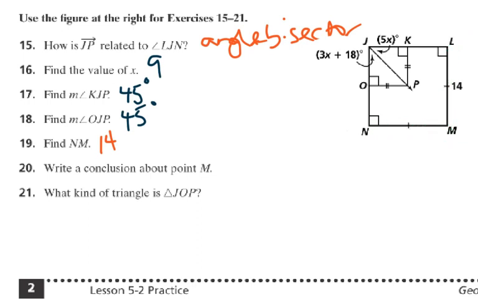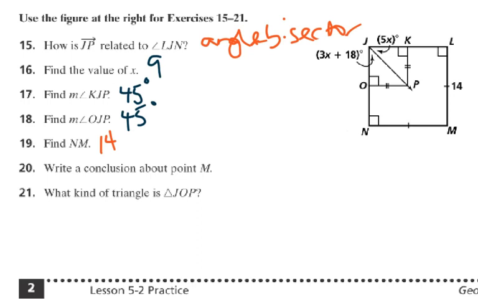So you could say that M is equidistant from L and N. You could also say that if you extended this ray, it would cut M and M would then be equidistant from K and O, which is also true. And rays do go on forever, so in theory this would extend through M. So either of those would be fine.